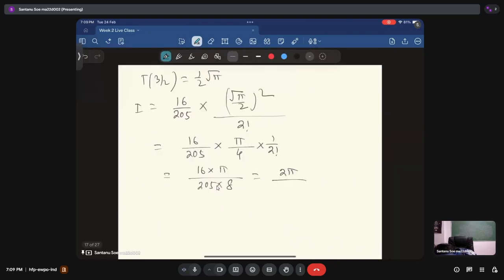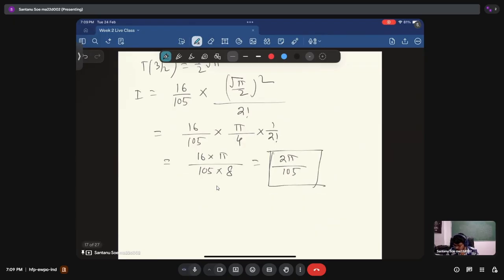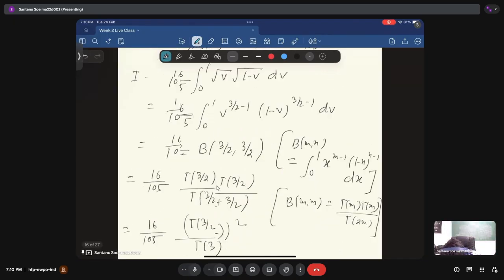So this will be 2 pi divided by 105. Okay, so this should be the answer.